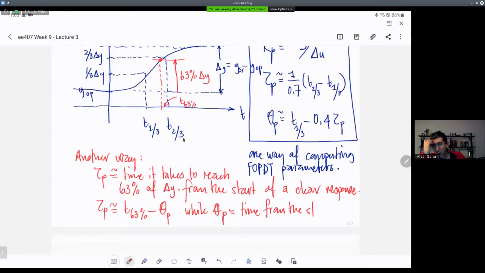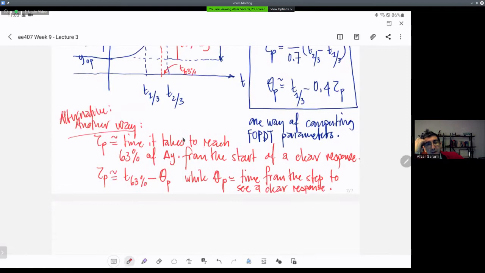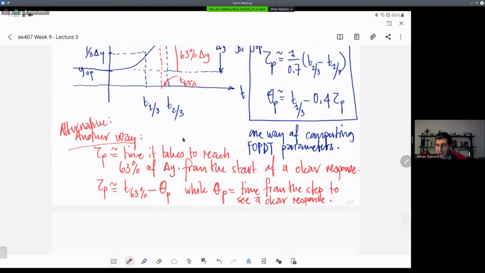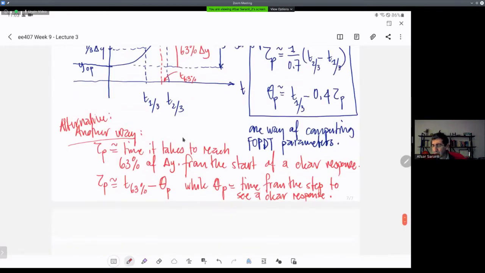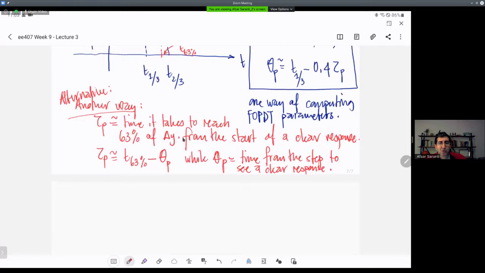Buradaki tabii ki bu alternatifin bir sıkıntısı şu: tamamen sübjektif bir şeye dayanıyor. Yani time delay için, time from the step to see a clear response.